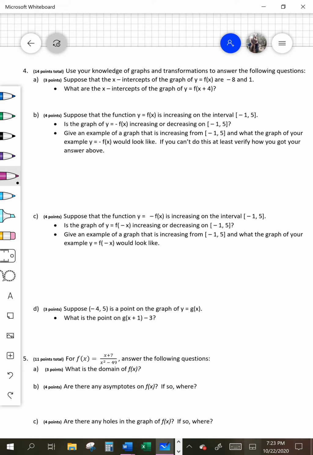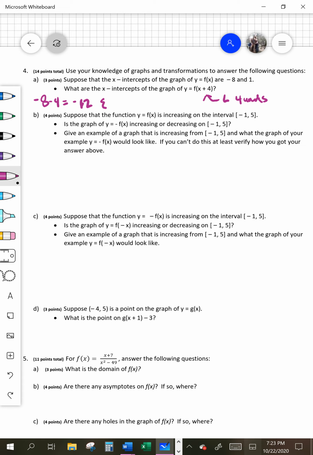This is going to shift the graph to the left, which is affecting our x values, 4 units. So if one of our x-intercepts was at -8, shifting that to the left 4 units, -8 minus 4, that would be at -12.